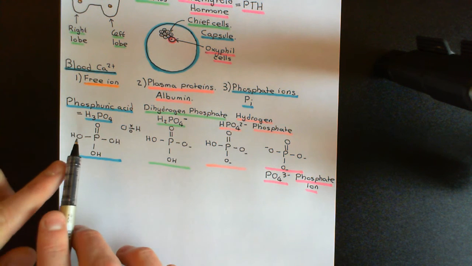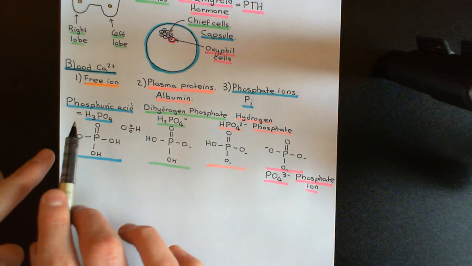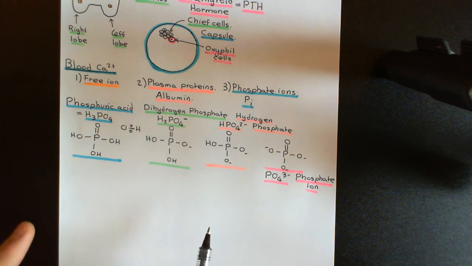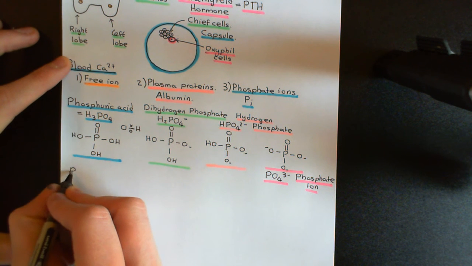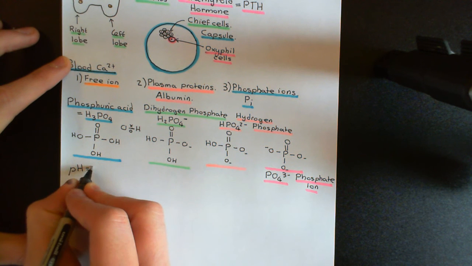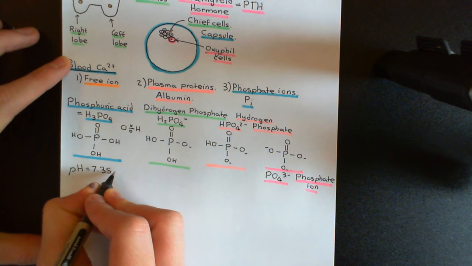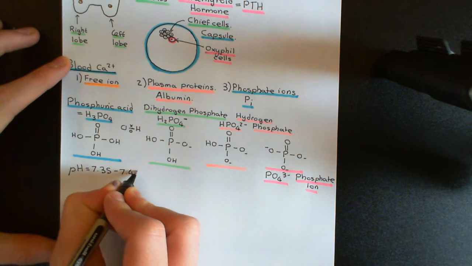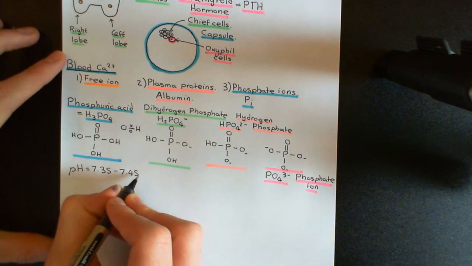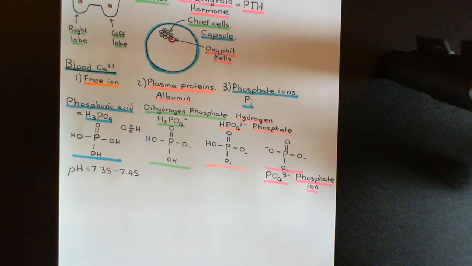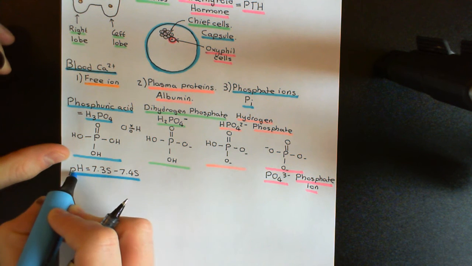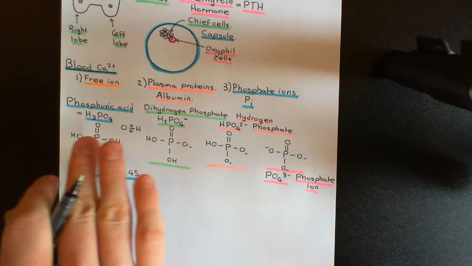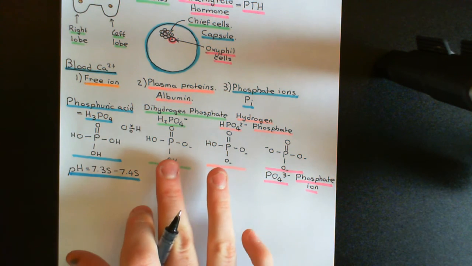So the balance between how many of each of these forms you actually have is determined by the pH of the solution. Now in the case of blood, pH is controlled hugely. The pH of blood is usually between 7.35 and 7.45, so neutral but slightly to the alkaline side, above 7. And at this pH, the main forms that these molecules are going to exist in are the middle two forms.